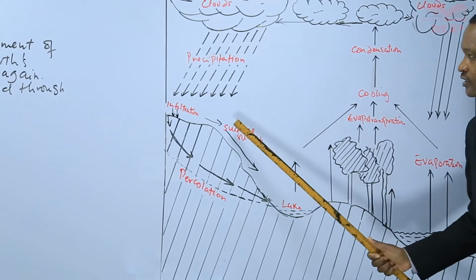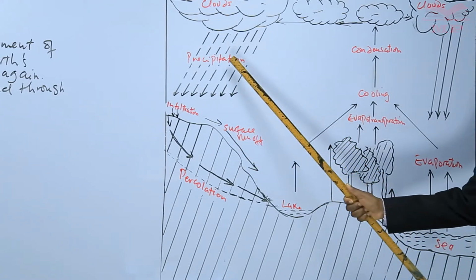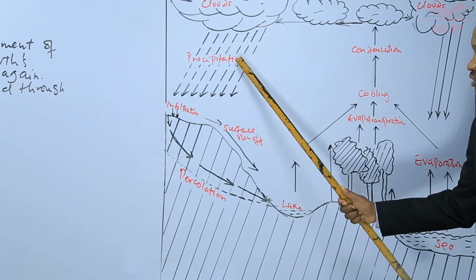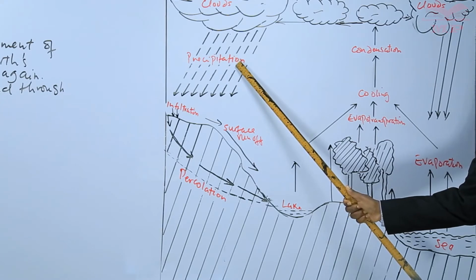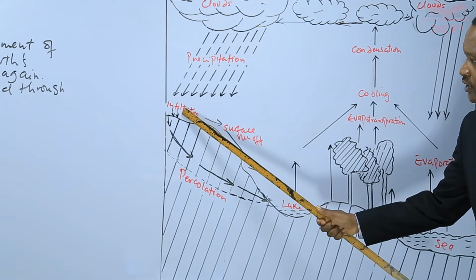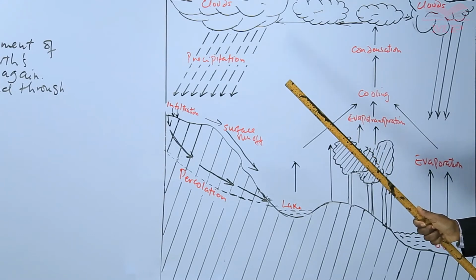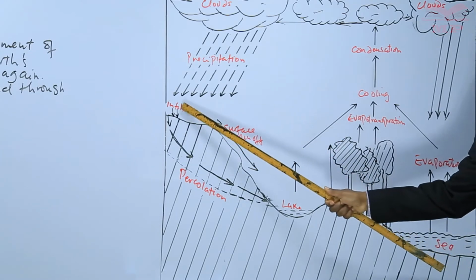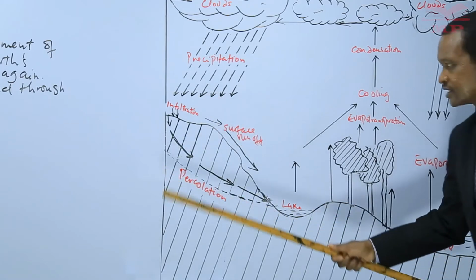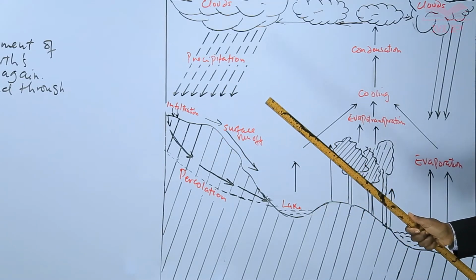Now, learners, other than the water that runs on the surface of the earth from precipitation, the rain, hailstones and snow that fall down, there is also some water from precipitation that seeps into the ground through pores, through cracks between rocks, through joints found between rock particles.